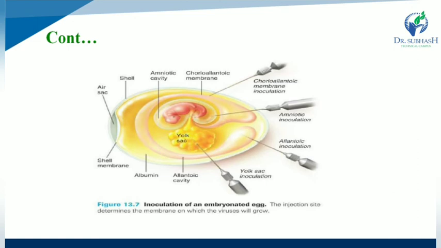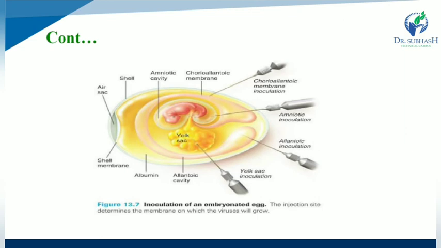First, the air sac is present in the upper portion. After the air sac, the shell is present. Then the amniotic cavity is available, and after the amniotic cavity, the chorioallantoic membrane is present.